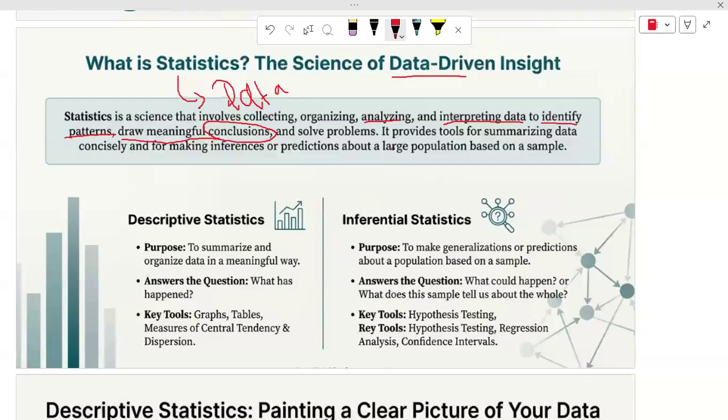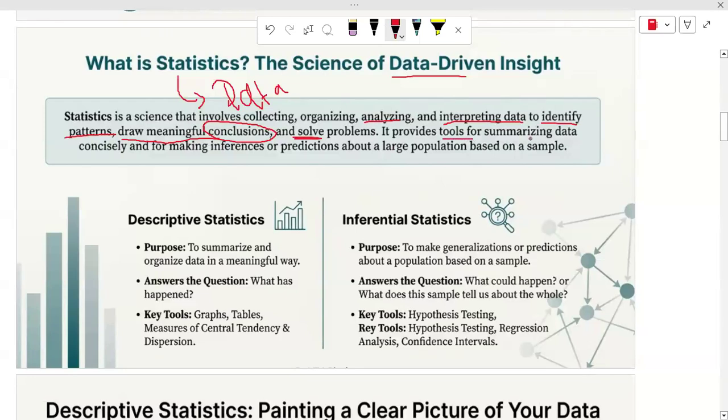For that, you need the data, statistics. So statistics is a science that involves collecting, organizing, analyzing, and interpreting data to identify patterns, draw meaningful conclusions, and finally solve problems.